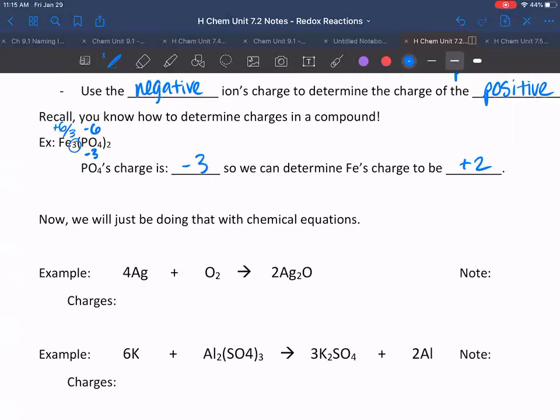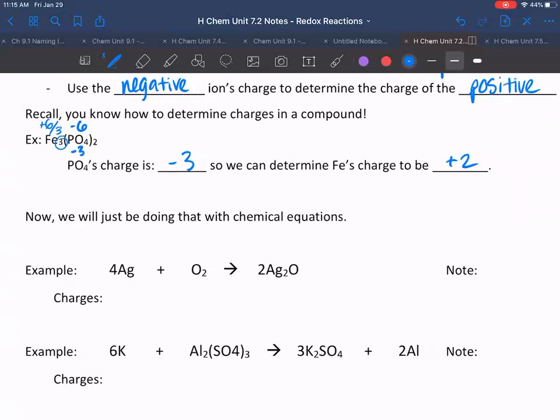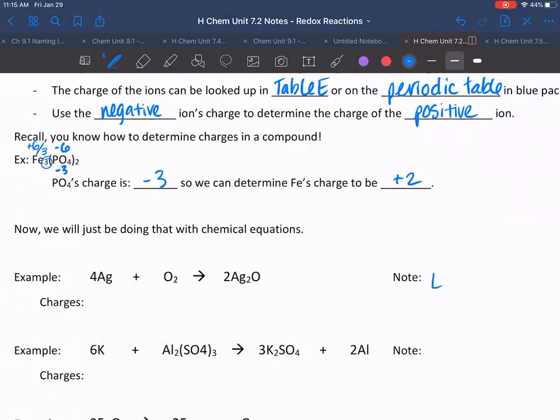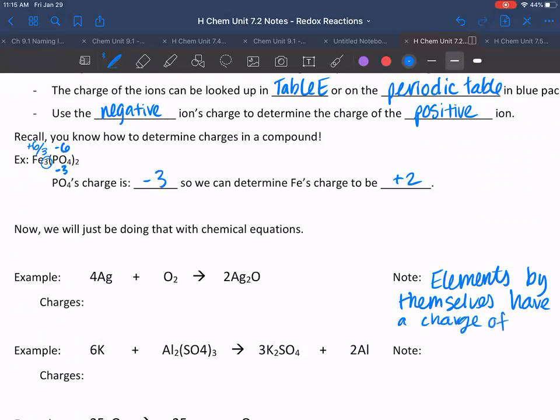One thing that's nice is that elements by themselves have a charge of 0, meaning they're neutral. So when we have things like elemental silver and elemental oxygen, like we do for our first example, the charges here are both going to be 0.